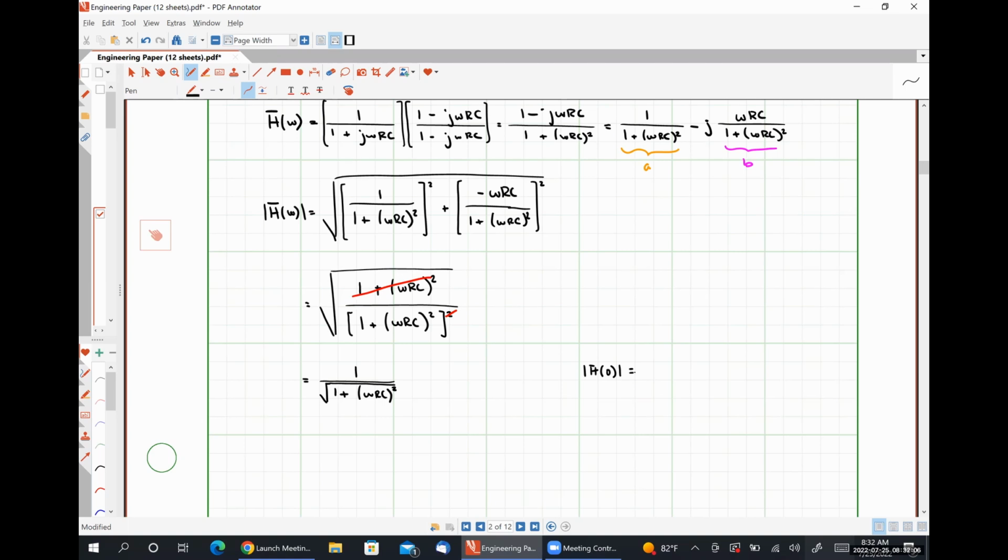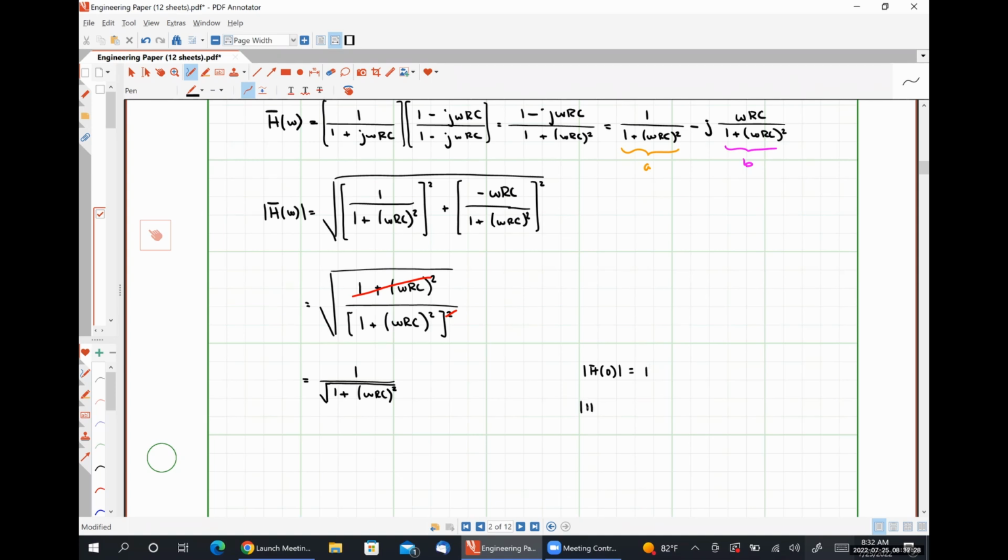Well, when omega is equal to 0, in our denominator, we're going to have the square root of 1 plus 0 squared, which is the square root of 1, or 1. So we have a numerator of 1 and a denominator of 1. So H of 0 is 1.